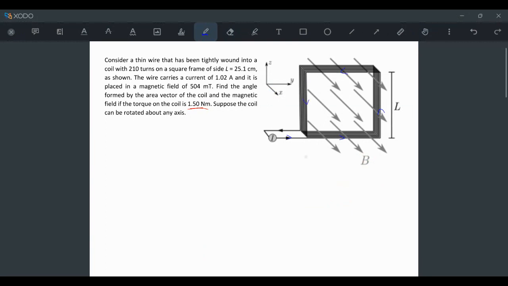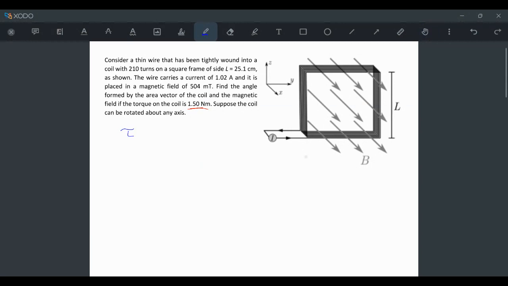So it's circulating in a counterclockwise manner. You can use a right-hand rule where you curl your fingers in the direction the current's circulating, and your thumb points in the direction of the area vector. So in our case, the area vector points out of the page. All this is good stuff to understand, but it's actually not necessary to complete the problem.